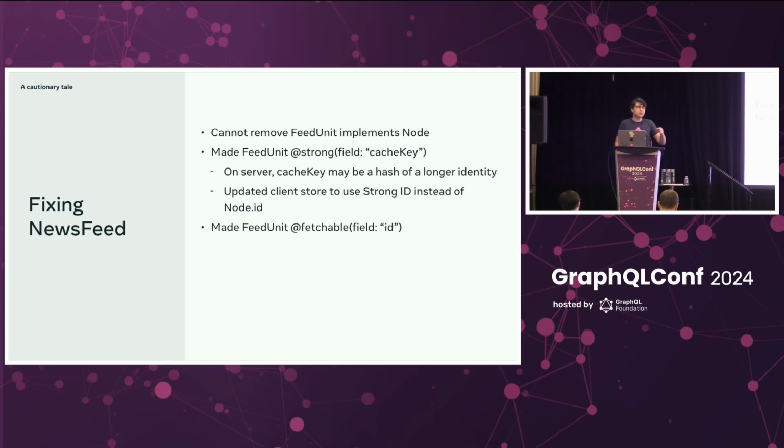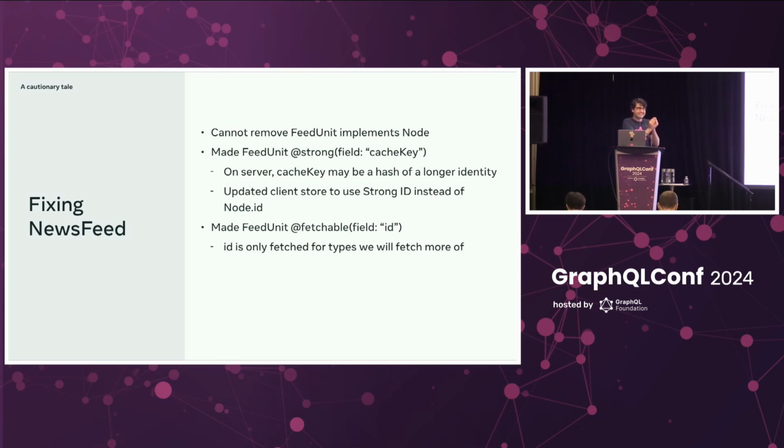For future clients, we can change that dependency. We can remove their usages of the fetchable field. We can't remove their usages of the strong field, but the fetchable field we can remove. And at least on the clients going forwards now, the ID is only used for fetching. It's a value. You can have large values in your key value store.